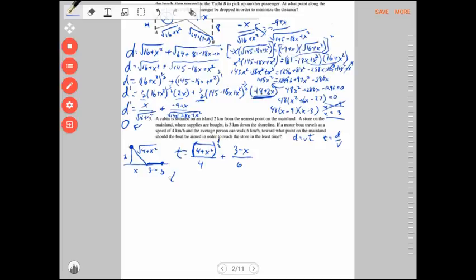So I take the derivative, so t prime, so the half comes down, so we get 1/2 times 4 plus x squared to the negative 1/2, times the chain rule, so that's 2x, and we're still all divided by 4. Okay, no worries. Plus, the derivative of 3, nothing. Derivative of negative x is just negative 1. And we're still over 6.